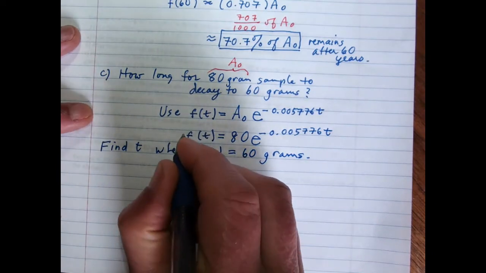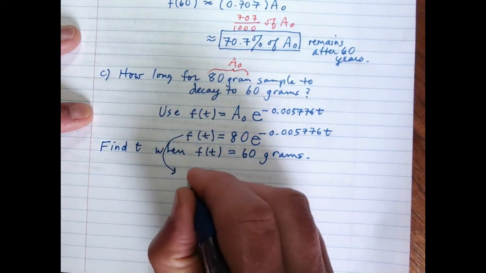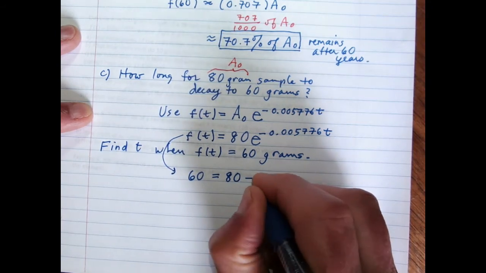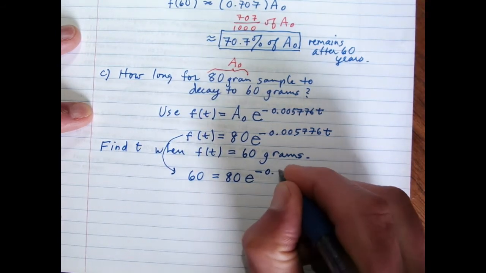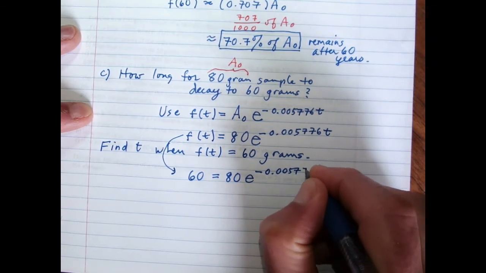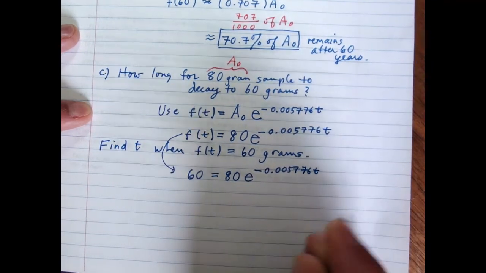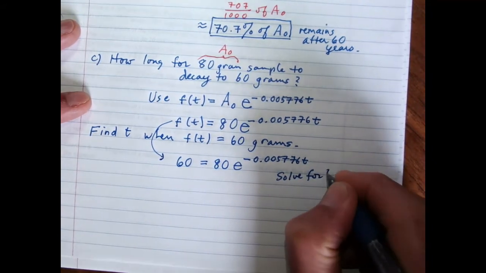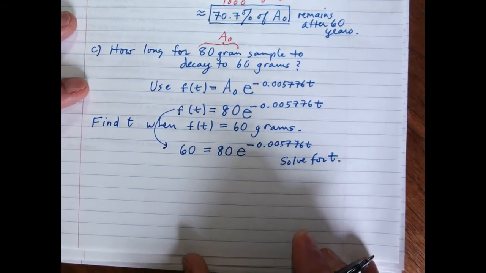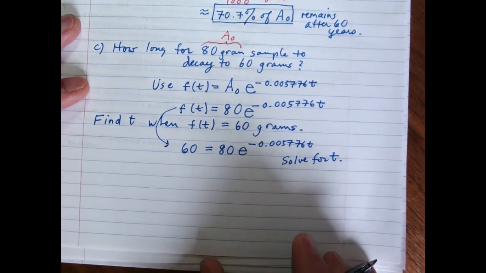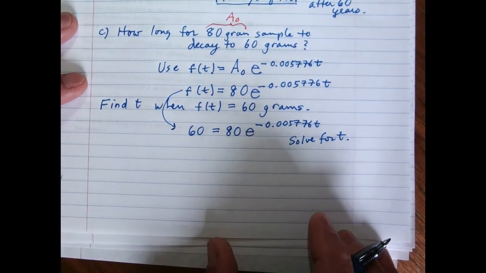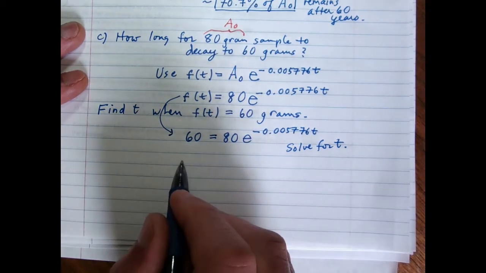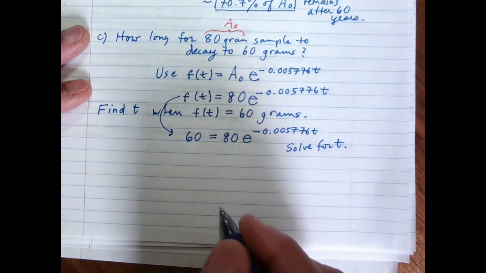So we're going to set the function value equal to 60. 60 equals 80 e to the negative 0.005776 t, and solve for t. So I feel very much attached to my long decimal in this problem, but the process is something we've been going through several times now. Isolate the exponential, take ln of both sides, solve for t.